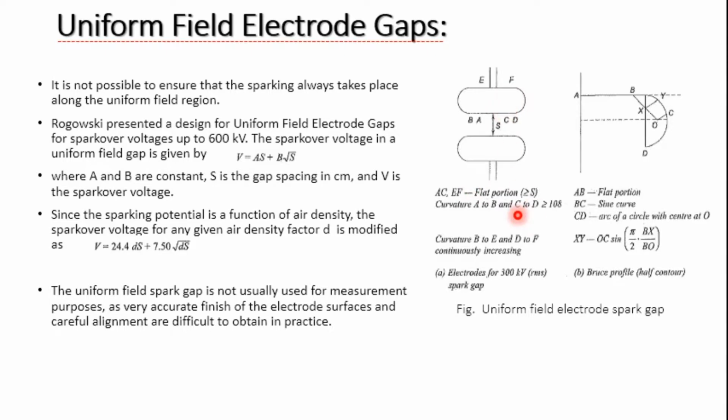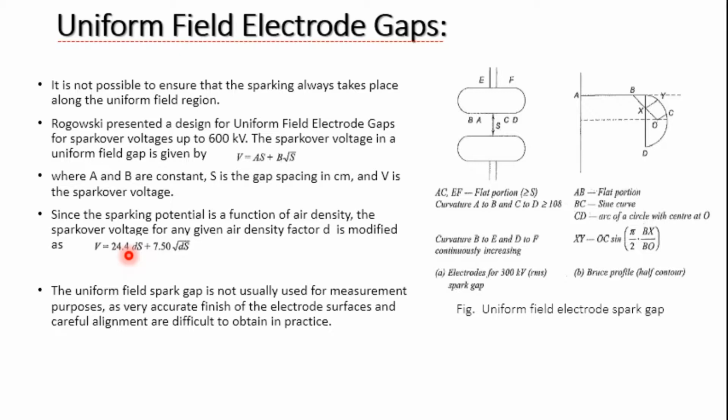The constants A and B were found to be around 24.4 and 7.5 respectively at a temperature of 25 degrees Celsius and a pressure of 760 torr, that is nothing but cm of Hg.